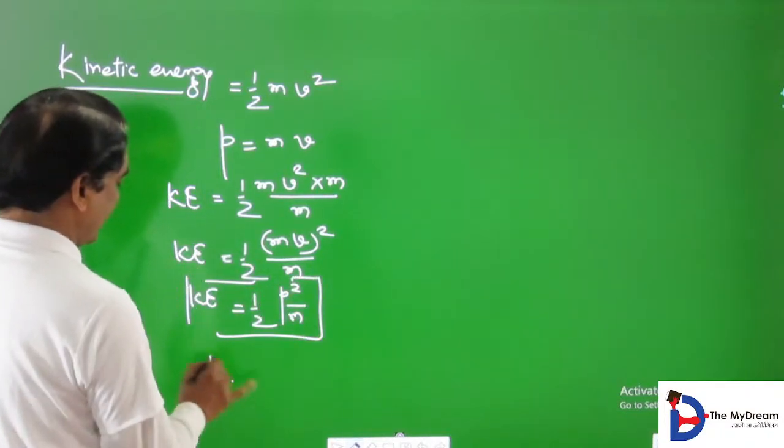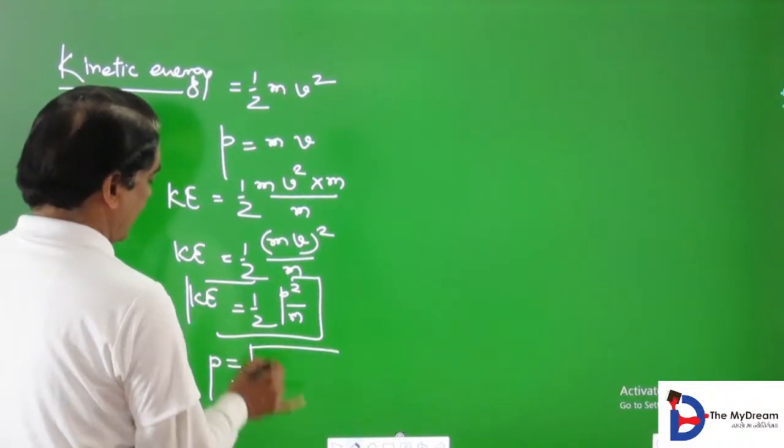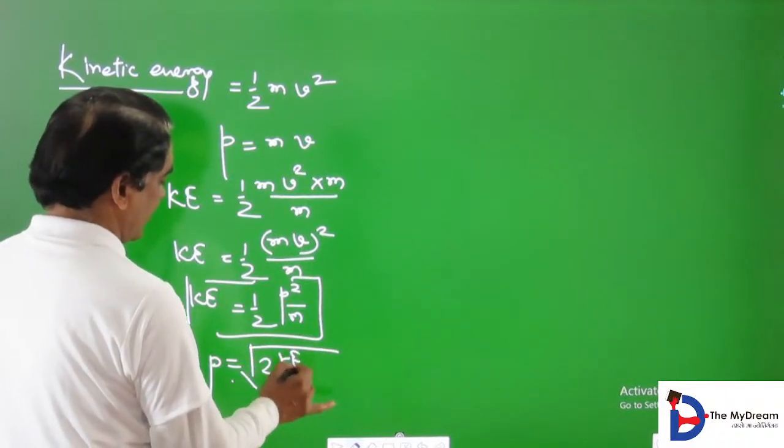Or P is equal to under root twice of kinetic energy into mass.